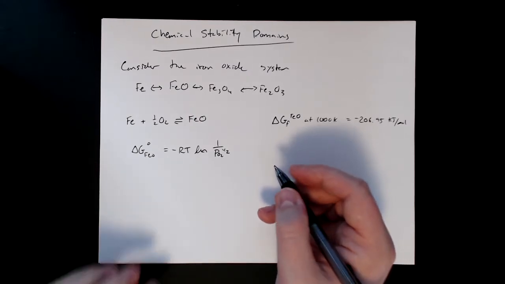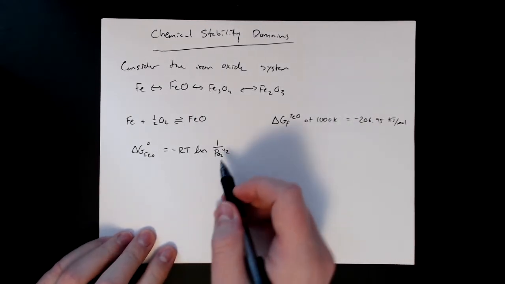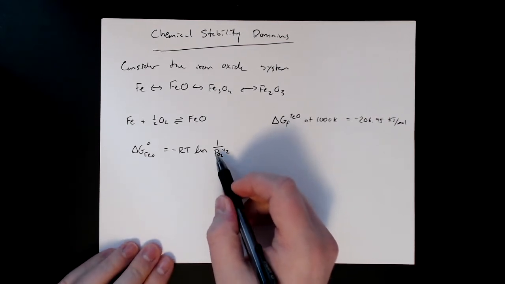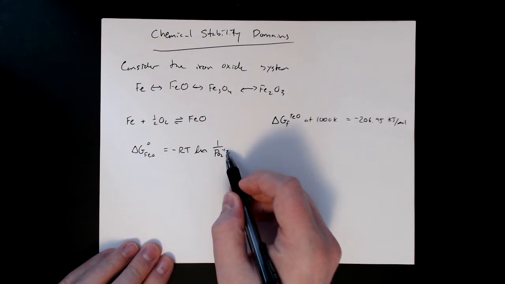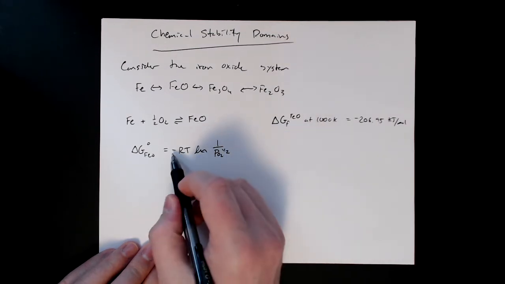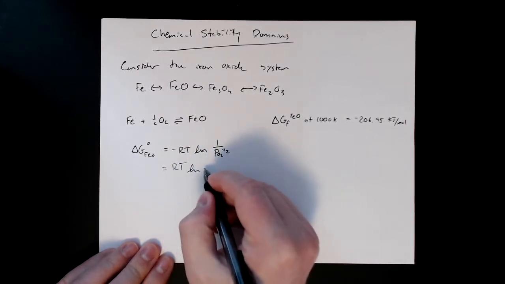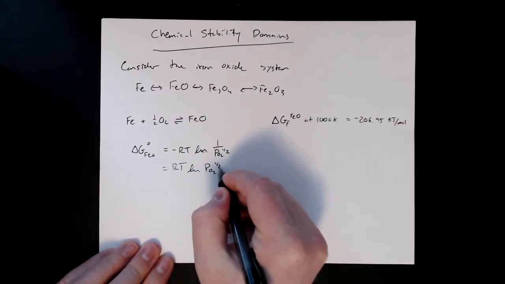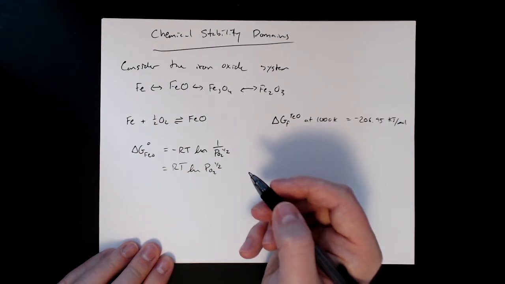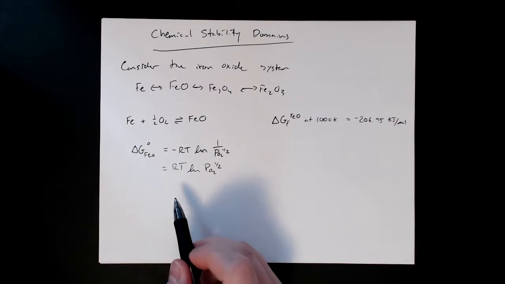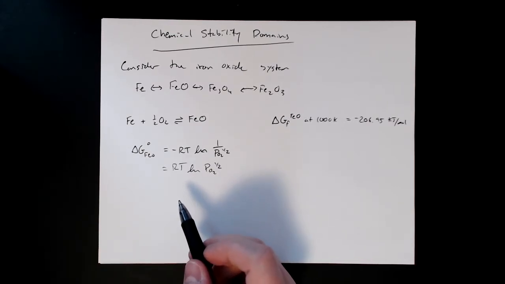All right, so we can simplify this a little bit. Since inside the log we have this on the bottom, we can just say log of PO2 to the 1/2 is equal to the negative, and so the negative would cancel out with this. So we just have RT natural log of PO2 to the 1/2. What we want to do here is find its relationship with pressure.